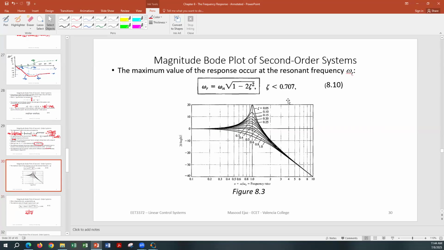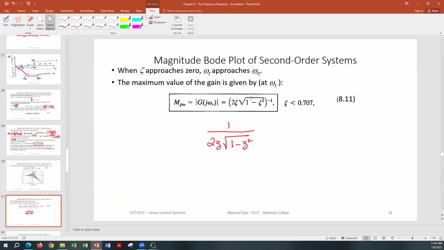Again, I just picked up these values from the textbook without thinking too much about the derivation. But zeta 0.707, I think it's coming from here, because here it cannot become greater, otherwise it's going to become negative. And we can easily confirm this when we plot the exact plot. We can calculate the peak value from this, then look at the plot and see if those values match. That means this equation must be correct if the two values match. That's an easy exercise to do.